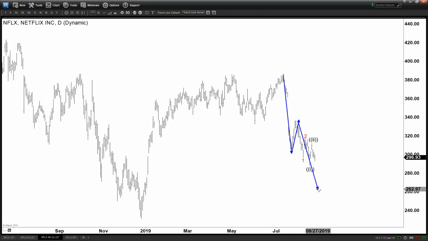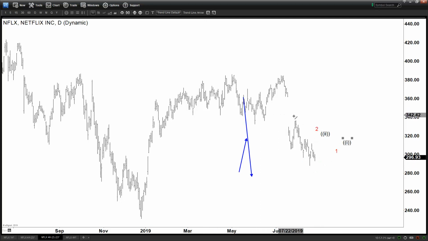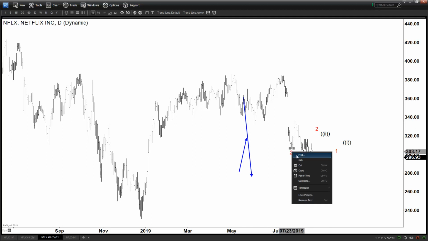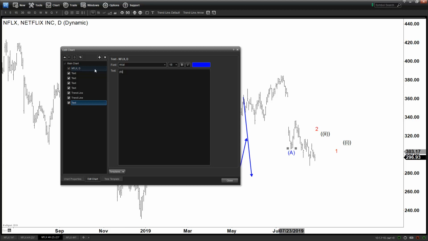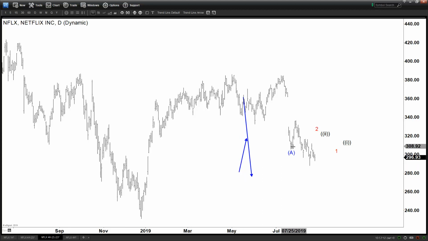At the least, it needs to be subdivided into 5, and so far I can only see 1, 2, 3 so far, right? So regardless whether the count here is correct or not, it looks to me that at least you will have a 5 ways down in the C leg. So assuming the most conservative view that this entire move is not wave 1 but wave A, suppose this is a wave A, then it looks incomplete to me in the C leg, right?